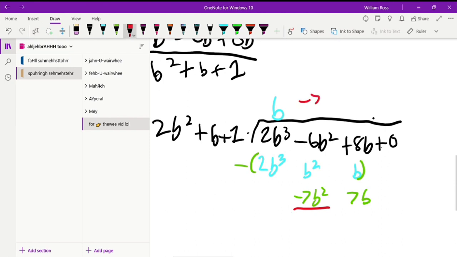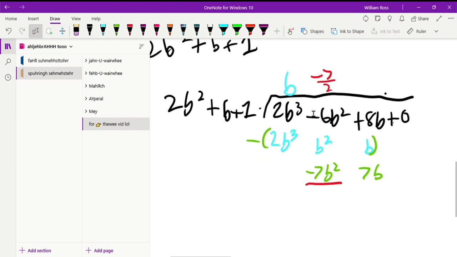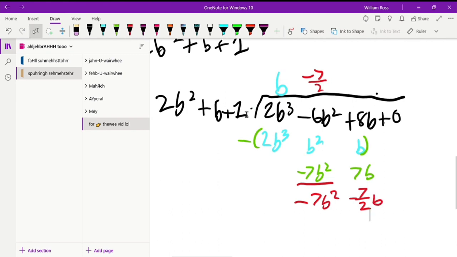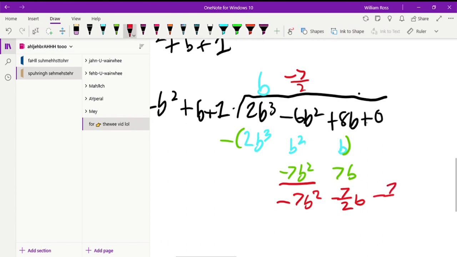That'll be negative 7 halves. So that will be negative 7 halves times b squared. Negative 7 halves times b will be negative 7 halves b. And of course, negative 7 halves times 1 is just negative 7 halves.